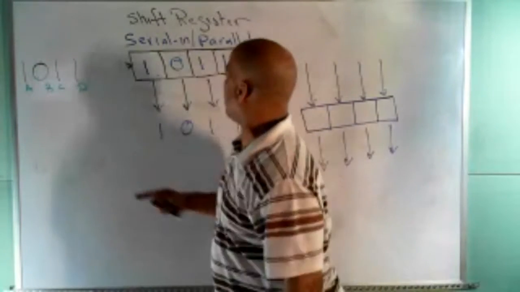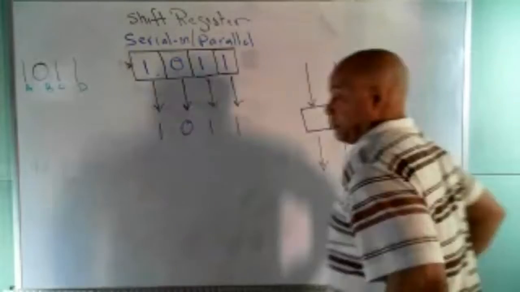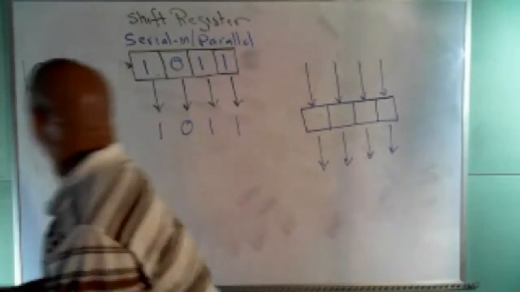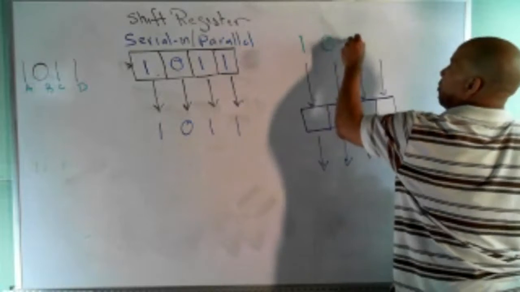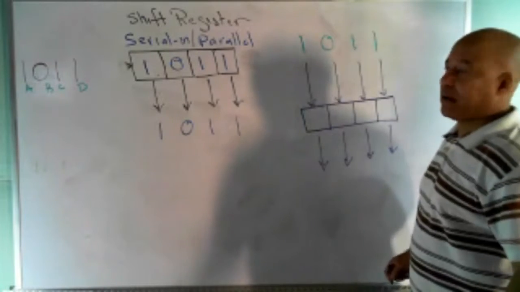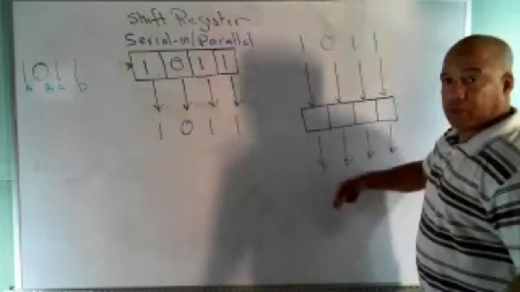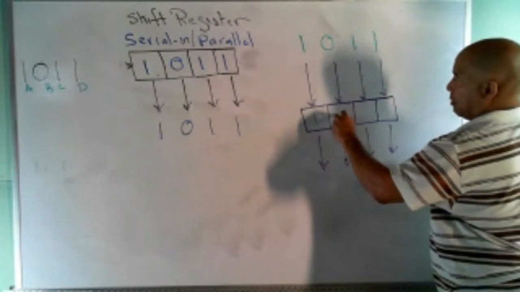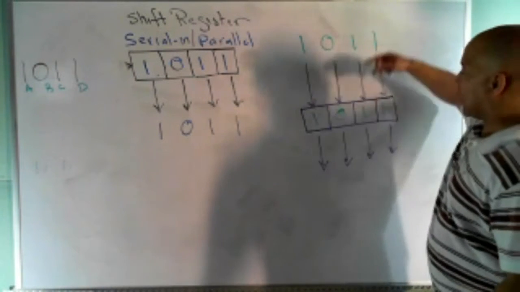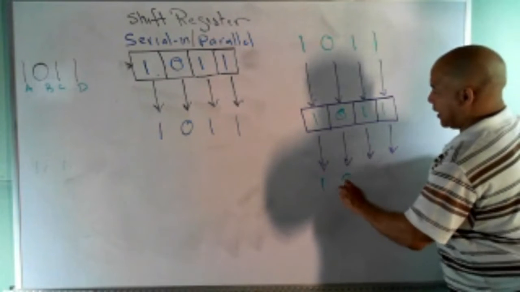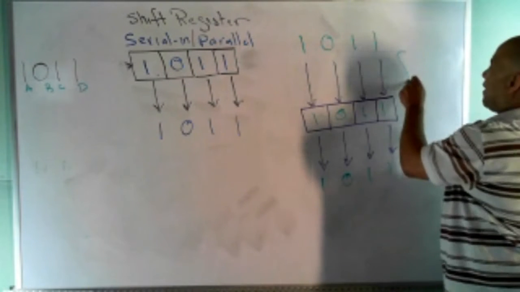Now, if I had this number here, I'd have a 1, 0, 1, 1 sitting there, and then one click of the clock, it'll load. And if I want to read it out, one click of the clock, it'll unload.